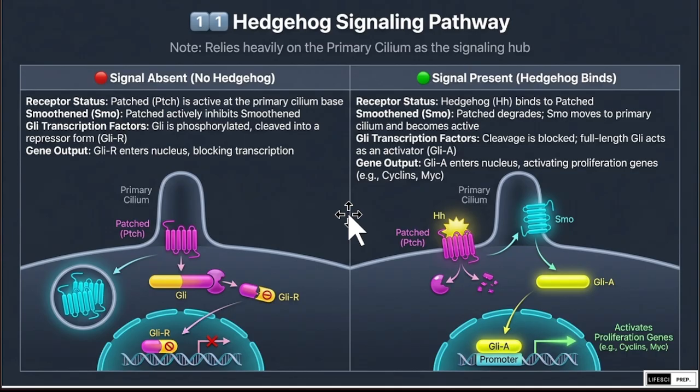In the presence of Hedgehog signaling, the Hedgehog binds to the Patched receptor and degrades the Patched so that the Smoothened receptor is activated and present in the cilium, which will not cleave the GLI-A, and due to that GLI-A directly travels to the nucleus and activates the gene expression.